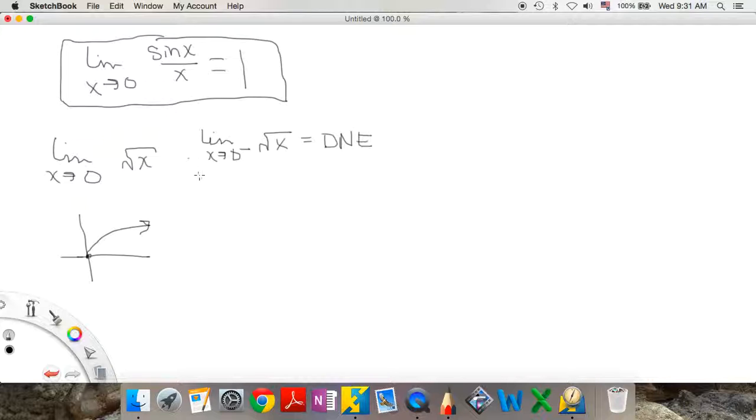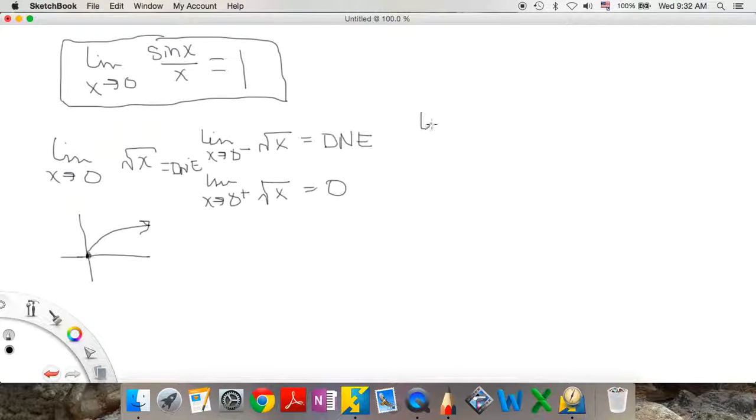And you just write DNE, does not exist. And if we come in from the right, it's equal to 0. We come in from the left, it doesn't exist because there's nothing there. Which means that this limit does not exist.